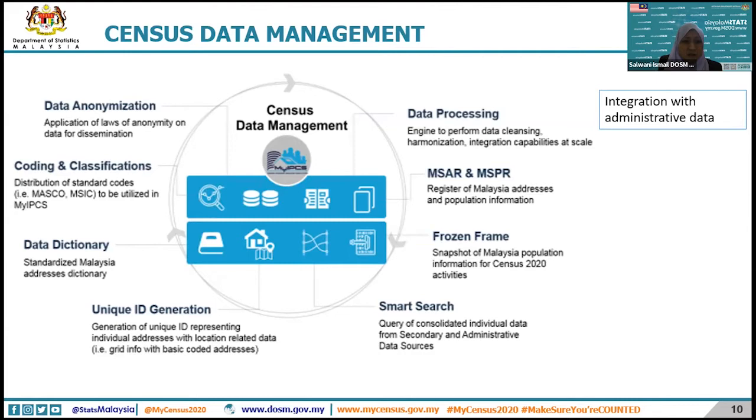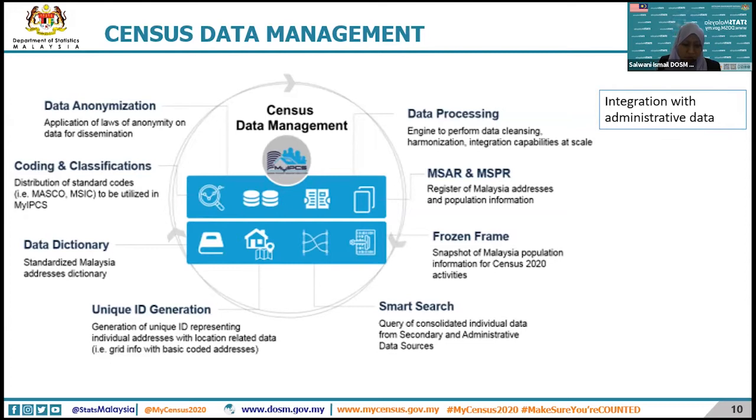Here also the unique ID generation is done, and the data processing engine performs data cleansing, harmonization, and integration at this stage. We also have the register of Malaysia address and population, MSPR, in this census data management.